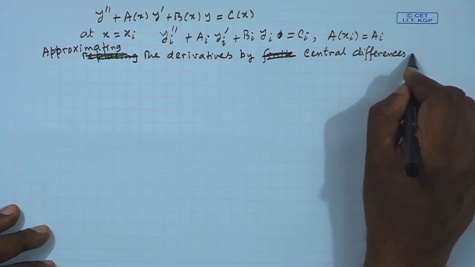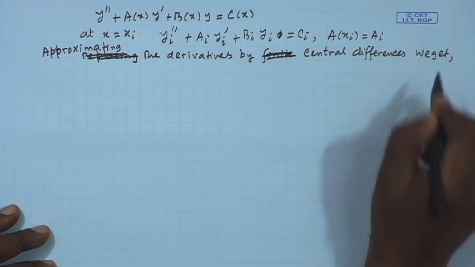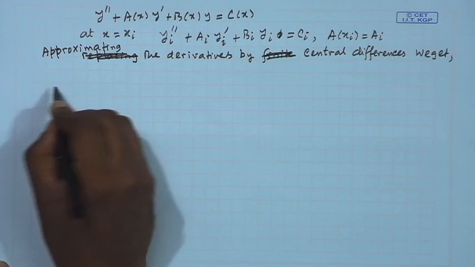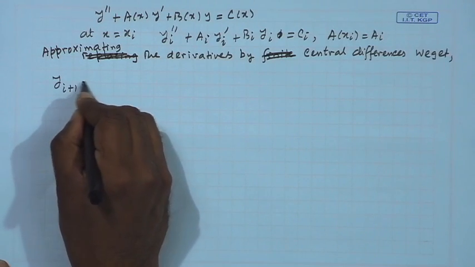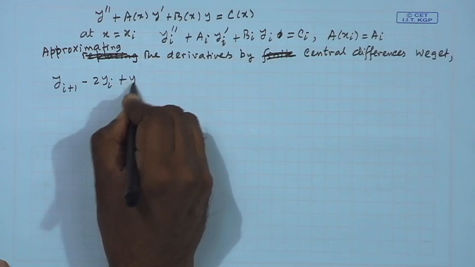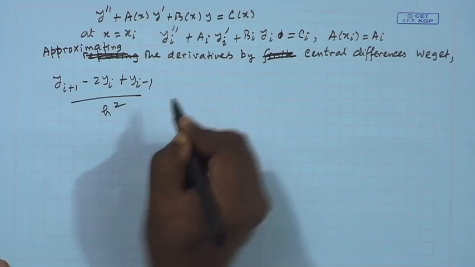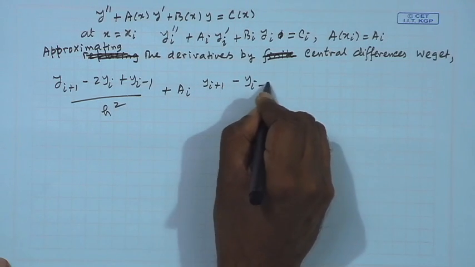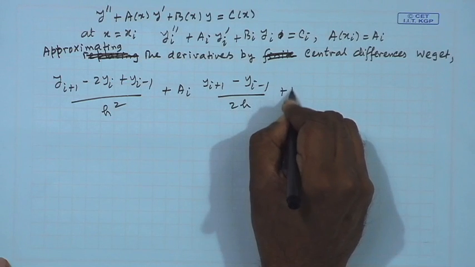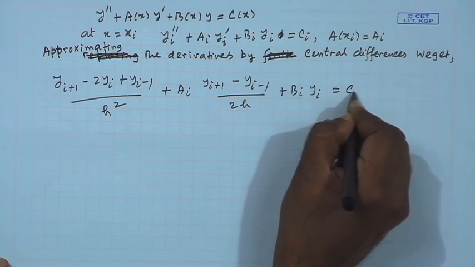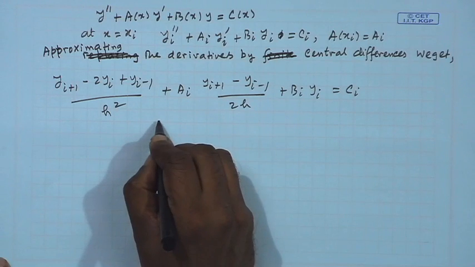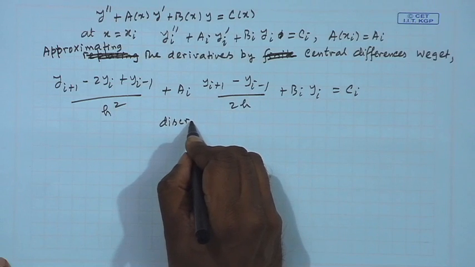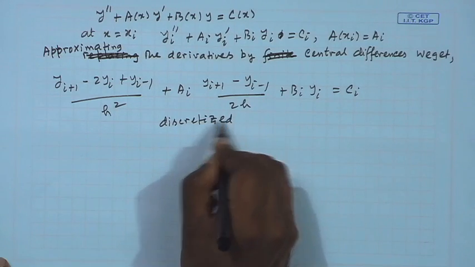We get, if I now approximate the derivative by central difference formula, y I plus 1 minus twice y I plus y I minus 1 by h square, plus a I times y I plus 1 minus y I minus 1 by 2 h, plus b I y I equal to c I. So, this is called the discretized equation.